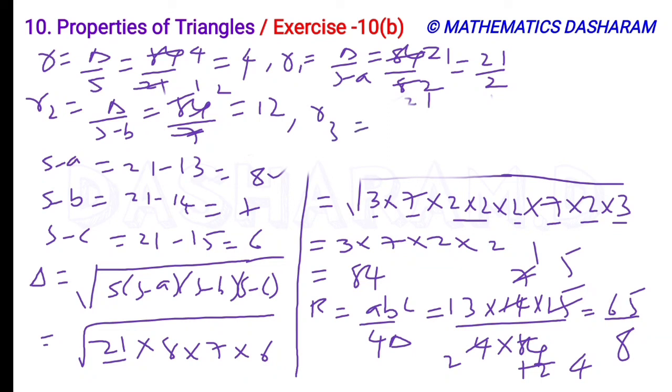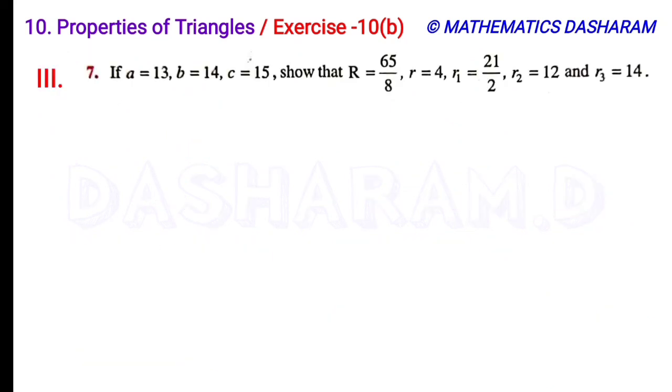Next, r3 equals delta divided by s minus c: 84 divided by 6, which equals 14. So these are the values we proved: r1 is 21 by 2, r2 is 12, r3 is 14, r is 4, and capital R is 65 by 8.